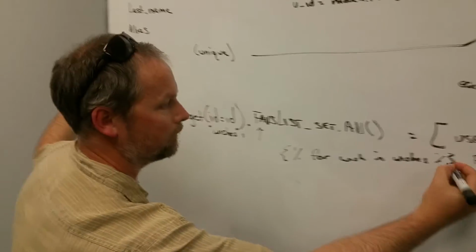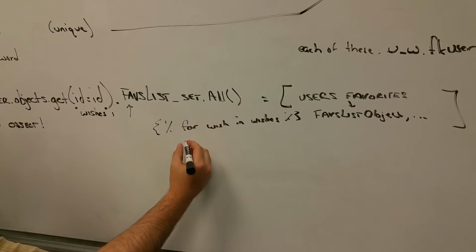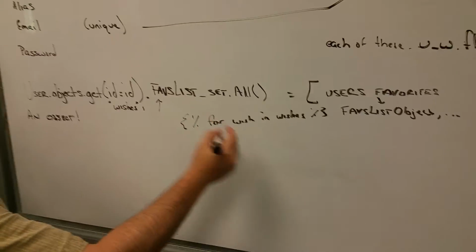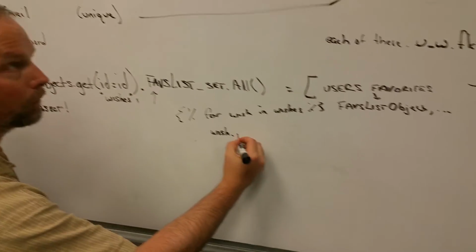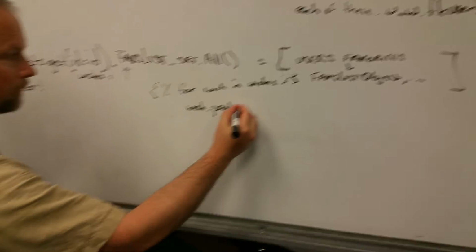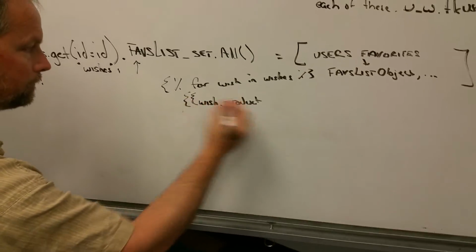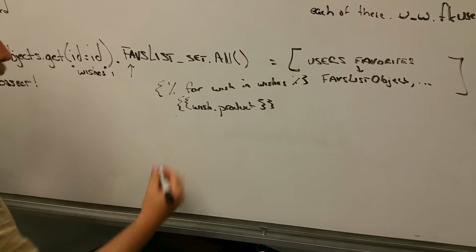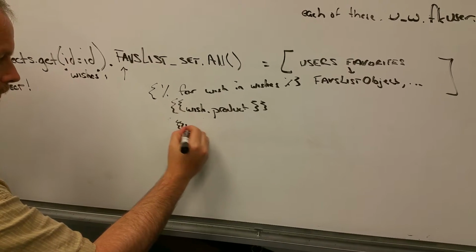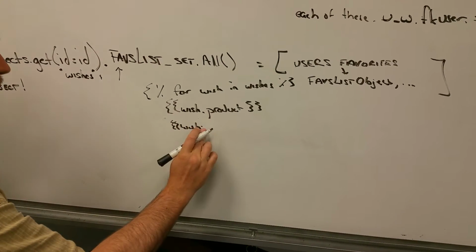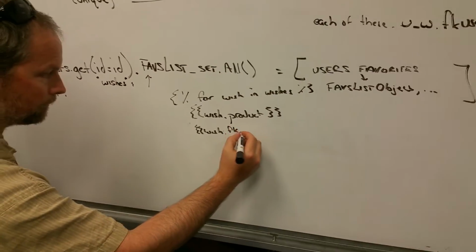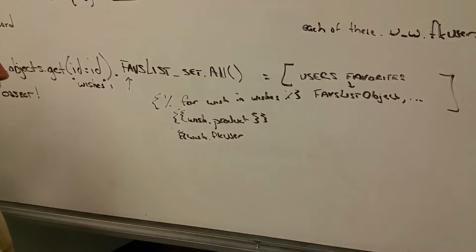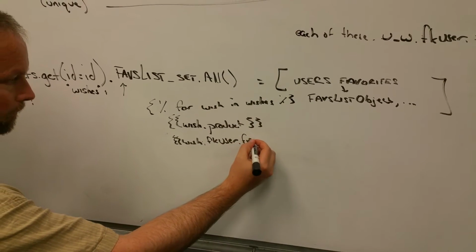Okay. So for wish in wishes, then we're already at that object there. So then we can do wish dot product. Or we could do wish dot, and remember this is the one-to-many thing, so we do FK user, whatever that field is, dot first name.